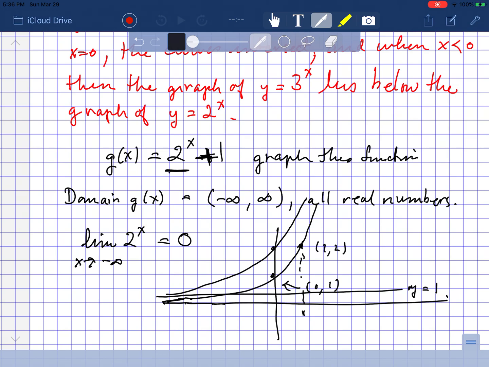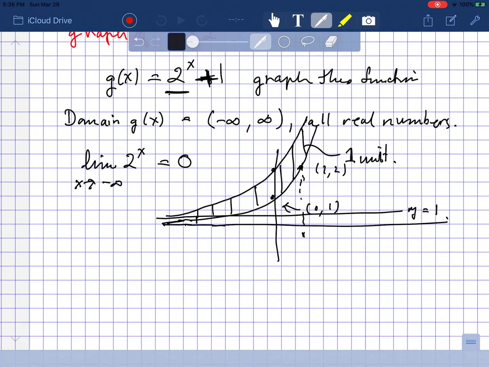Okay, so this doesn't quite look to scale, but you kind of get the point. The distance between all the points on these curves is 1 unit.